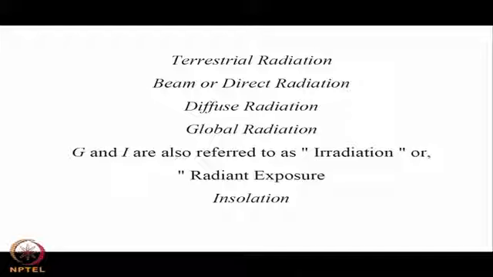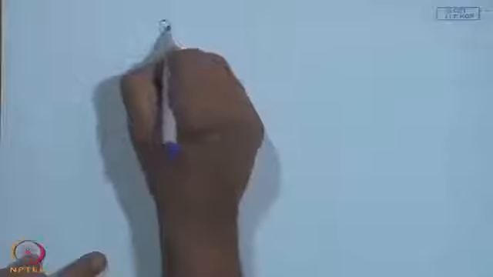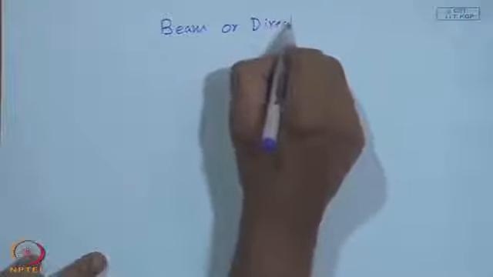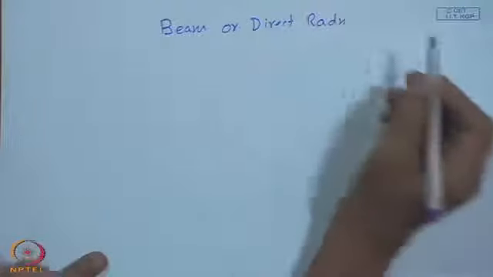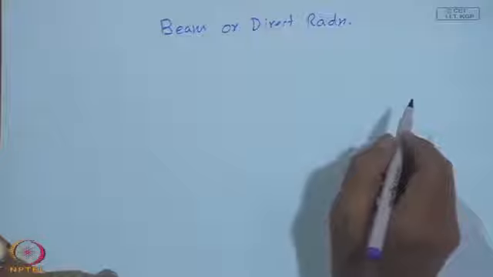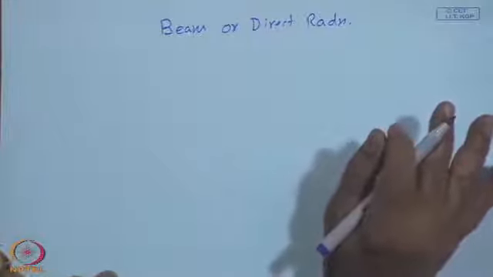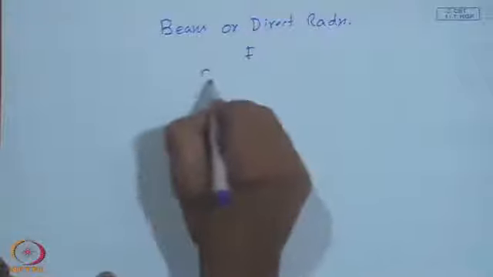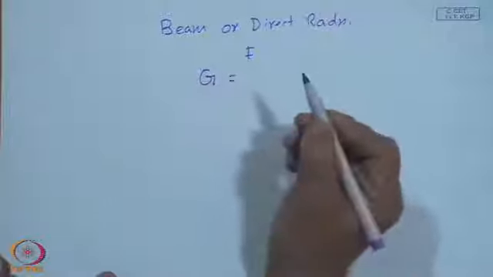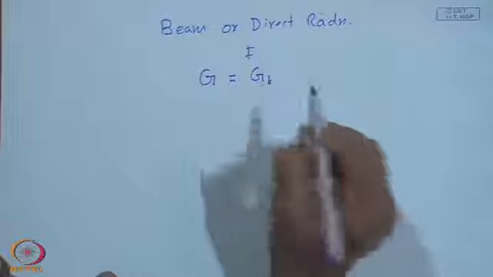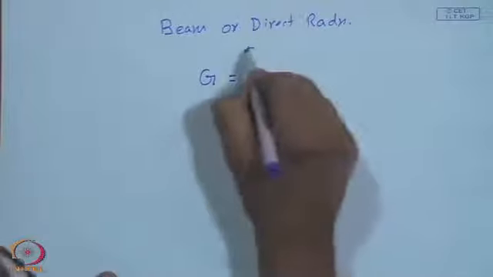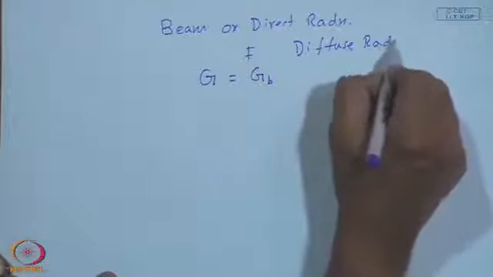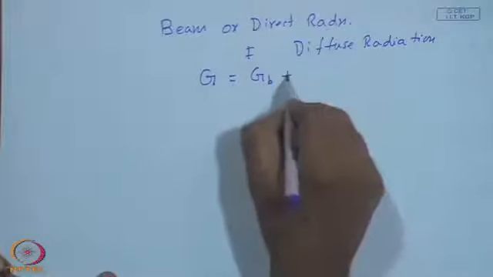So, this terrestrial radiation consists of what we called beam or direct radiation, which essentially means this reached the surface of the earth without a change in the direction, and for an hourly time scale I will write, okay, if G is the total radiation received on the earth, it will consist of G B. Then you have got a diffuse radiation, which I shall indicate by G D.